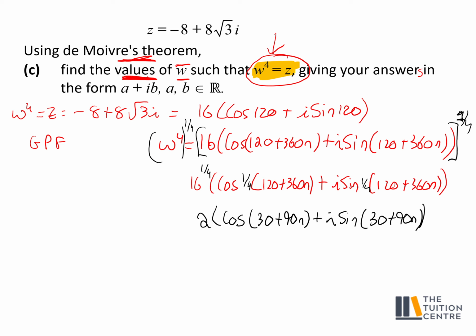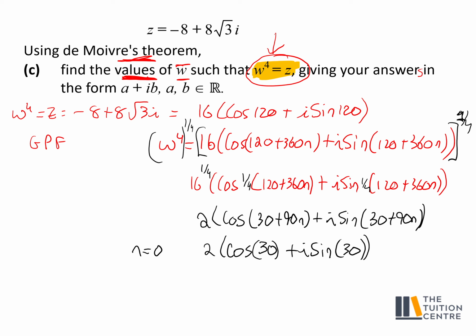What's going to happen next is I'm going to take my different values for n. I'm going to let n equal 0. I'm going to get 2 times the cos of 30 plus 90 times 0. So that's going to be cos 30 plus i sine of 30 plus 90 times 0. So that's going to be the sine of 30. So I'm reaching over here to get my calculator.